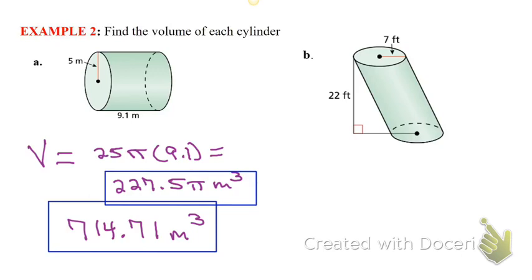All right, B is an oblique cylinder. This oblique cylinder tells you the height. You have to get the height by going outside the cylinder, and that's 22 feet. This one is lying on its base. So the area of the circle is 49 pi, because 7 squared is 49. And then the height is 22.